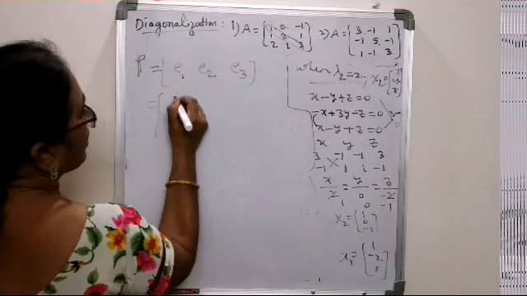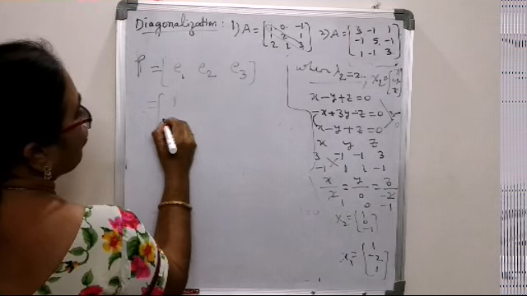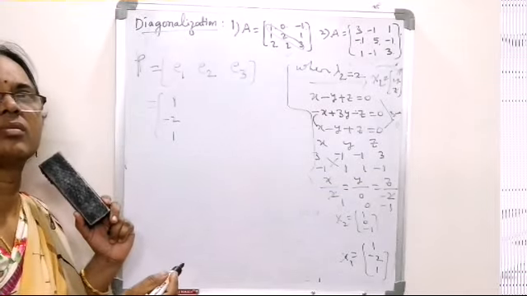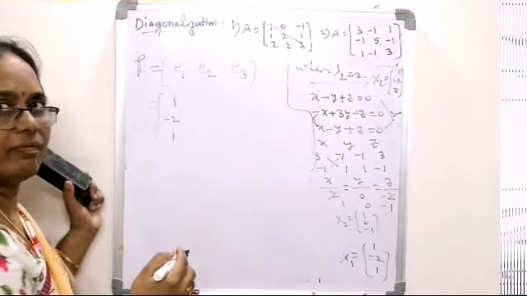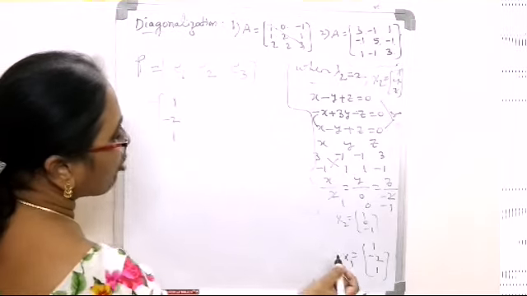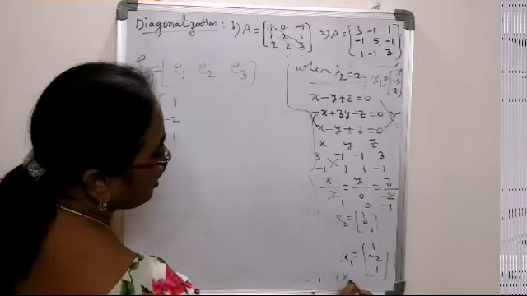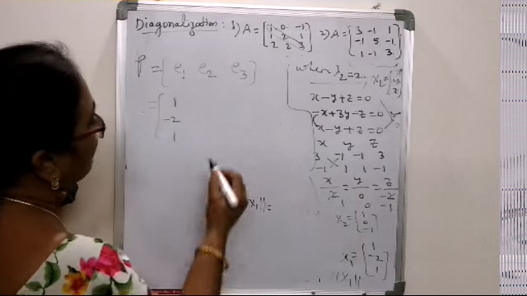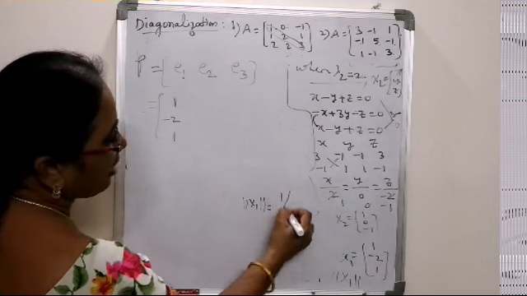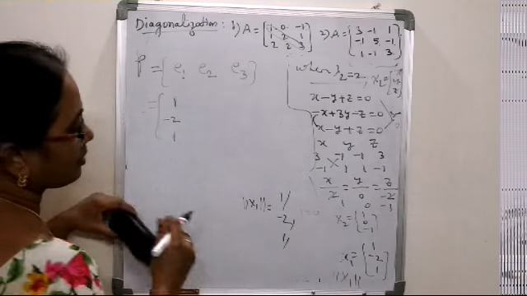So we write first the entries of x1, (1, -2, 1). From the vector (1, -2, 1), we normalize to get the vector E1. The normalized vector is calculated by dividing each of its elements by the length of the vector, right?